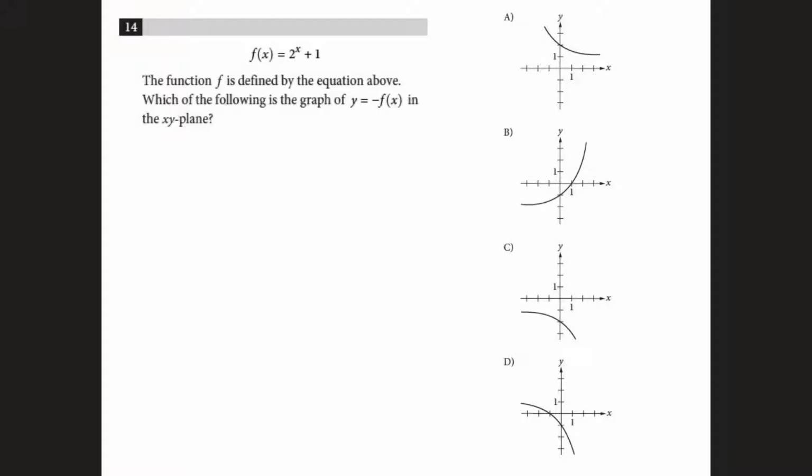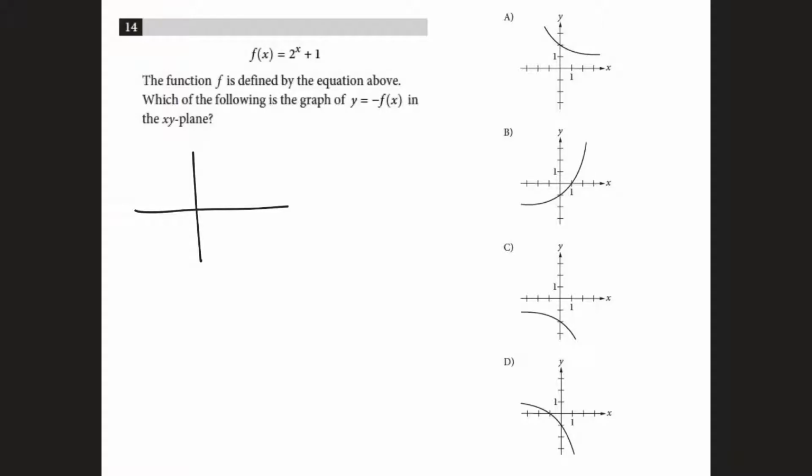14. f of x equals 2 to the x plus 1. The function f is defined by the equation above, which of the following is the graph of y equals negative f of x in the xy-plane? Well, let's first think about what 2 to the x plus 1 looks like.